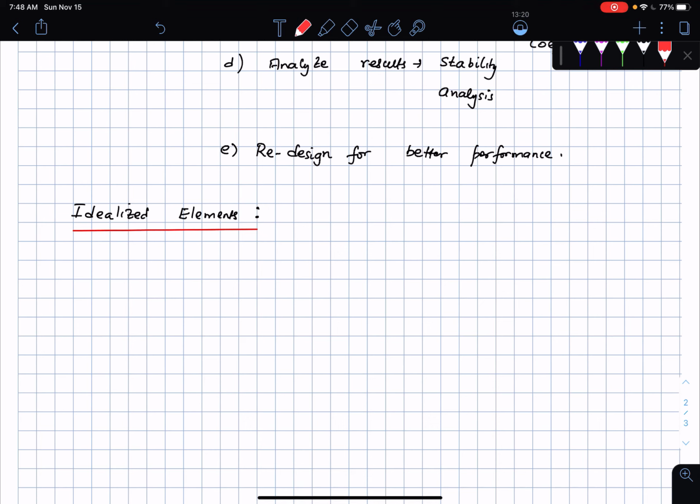And of course, the first element that we're going to be looking at is the spring element. Okay, so first is springs. And I have to mention that these are linear springs.